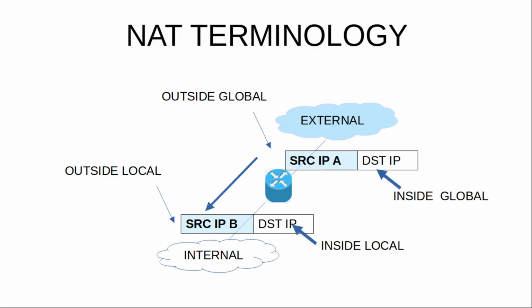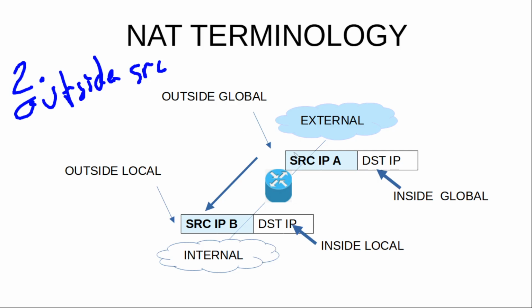Now, for option 2, when doing outside source, remember that this is seldom used. We're not usually using this. In this case, this NAT happens when traffic starts on an external network and it wants to reach your internal network.